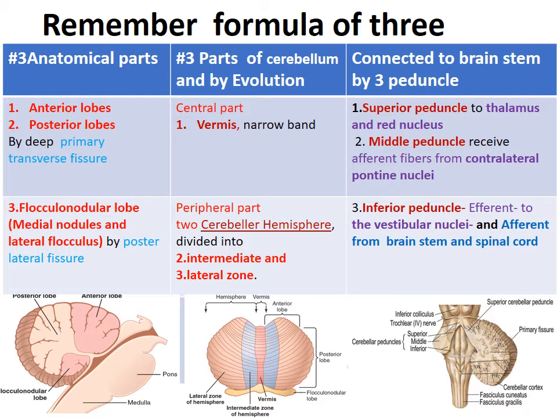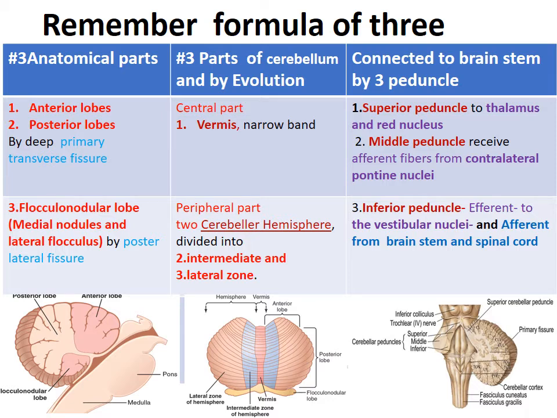The third part is the flocculonodular lobe. Medial is the nodule, and lateral is the flocculus. These 2 parts are separated by the posterior lateral fissure. So those are the 3 anatomical parts.